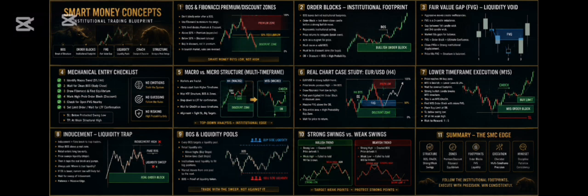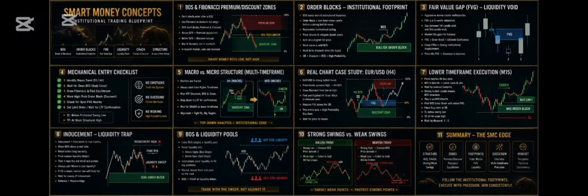Next, we will uncover the second vital structural footprint, the fair value gap. When smart money institutions aggressively enter the market, they create immense structural imbalance.